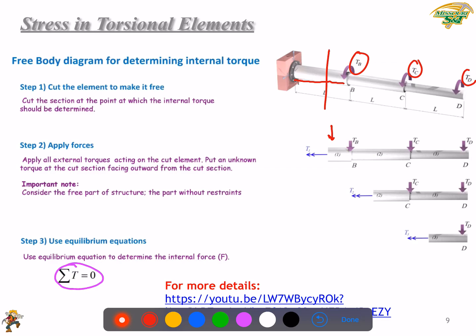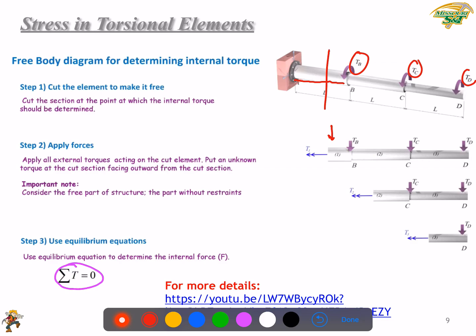Here I think everyone knows how to use the right-hand rule. You just curl the 4 fingers of your right hand following the direction of the torque. And then the direction of your thumb will be the same as the double-headed arrow.